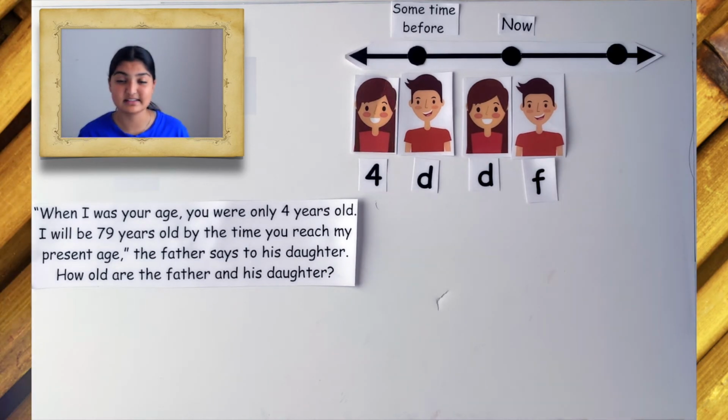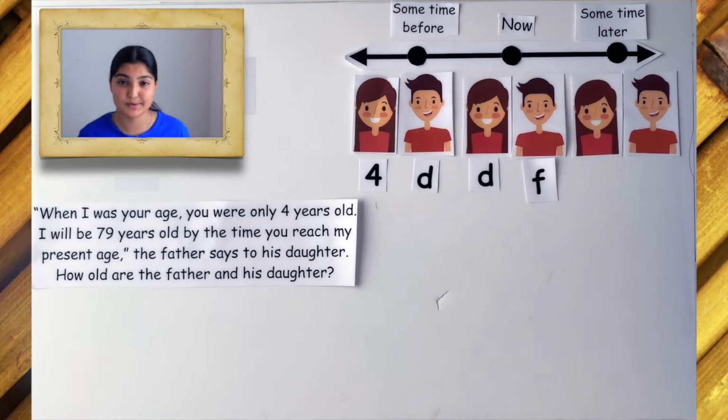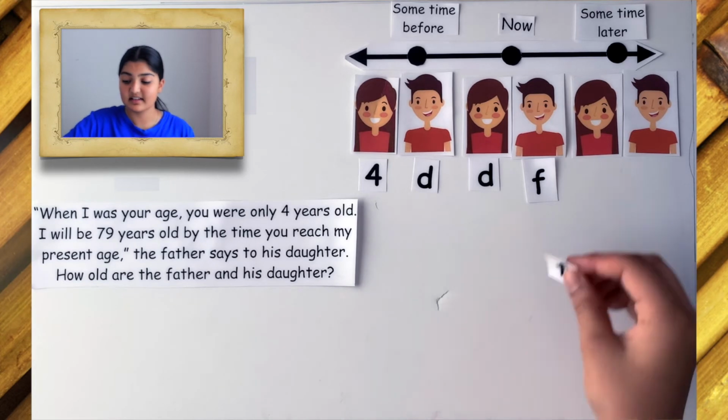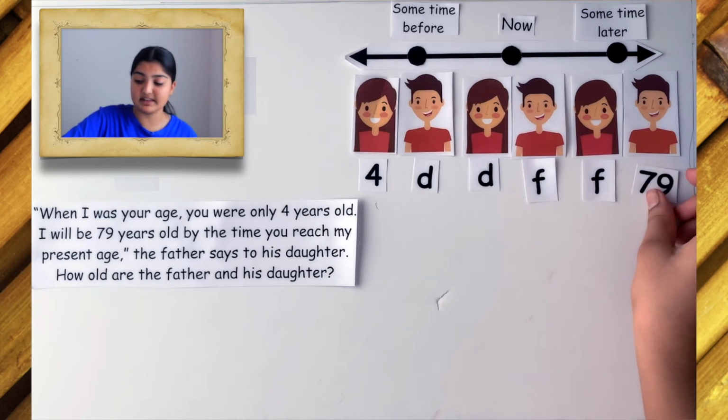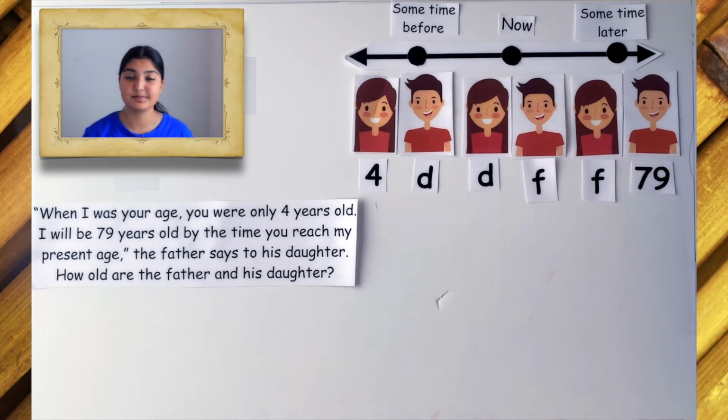This point represents some time later. So, when the daughter will be F years old, the father will be 79. So now, we've plotted everything onto our timeline.